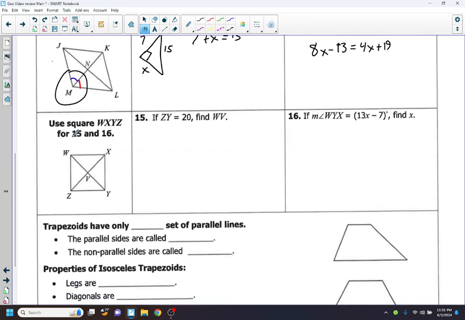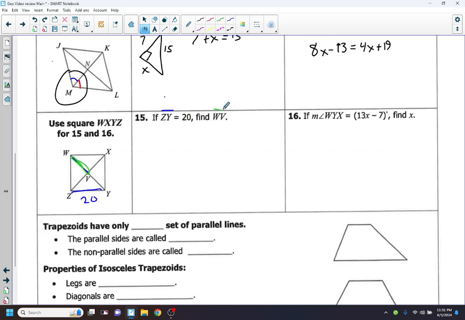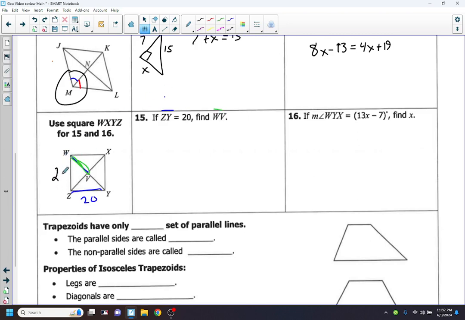This is a square. Remember, a square is just a rhombus and a rectangle at the same time. If ZY is 20, find WV. WV, we're looking for this guy. Let me use green. We're looking for this guy. Okay, in this scenario, I also know, because it's a square, that WC is 20 and that this is a right angle.